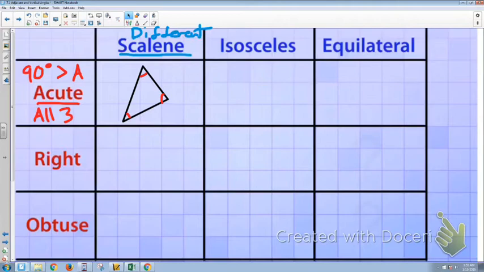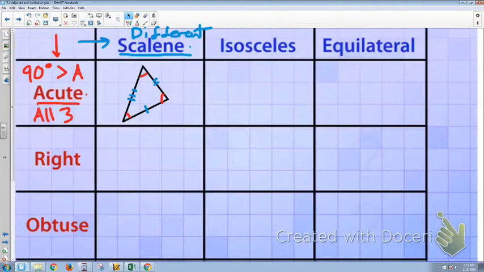So if I were to take a ruler and measure this side length, and then take a ruler and measure this side length, and then take a ruler and measure this side length, all 3 would come out to be different numbers. So a triangle is classified by its side lengths and by its angles, and we put them together. We would call this an acute scalene triangle.